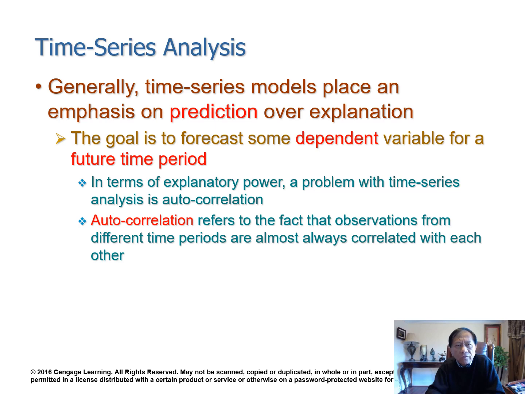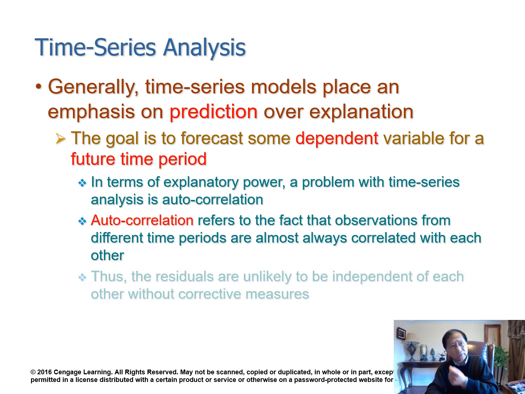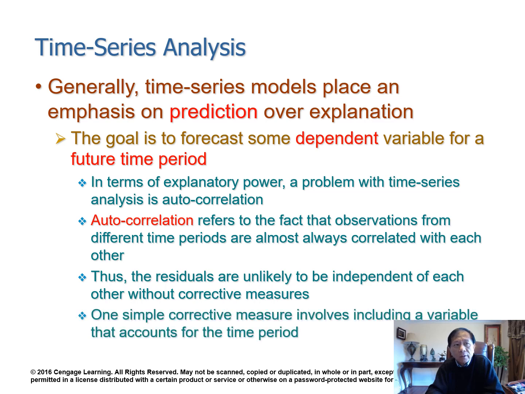Autocorrelation refers to the fact that observations from different time periods are almost always correlated with each other. Thus, the residuals are unlikely to be independent of each other without corrective measures. One simple corrective measure involves including a count of the time period.